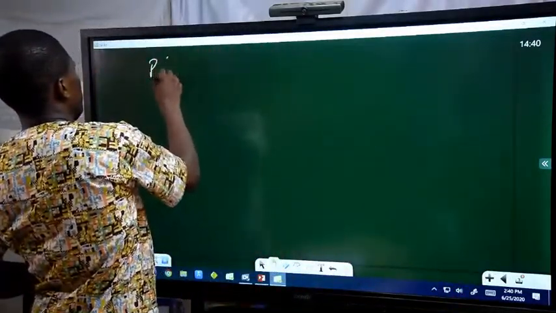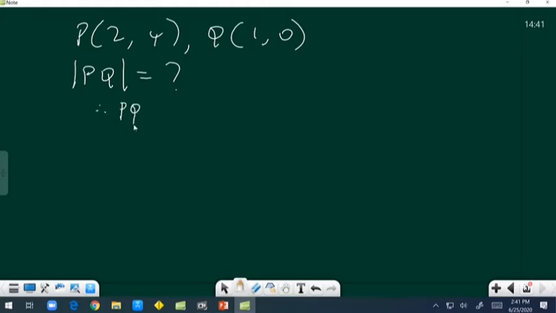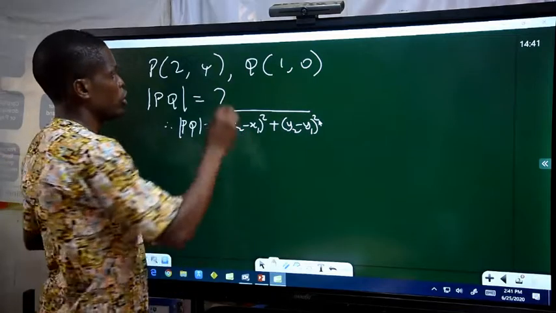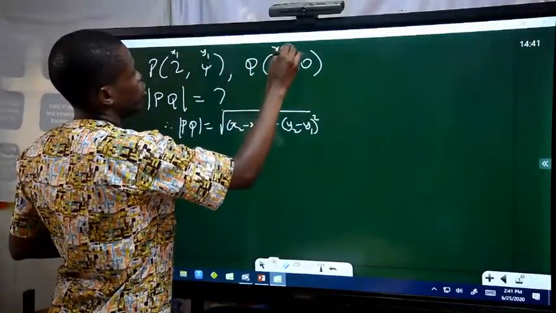If you are given point P as 2, 4, and point Q as 1, 0, let's find the distance PQ. How do you find distance PQ? We apply the formula PQ is equal to the square root of x2 minus x1 all squared plus y2 minus y1 all squared. Considering your values, we have x1, y1, and x2, y2.